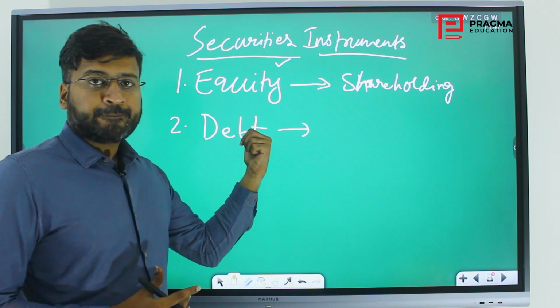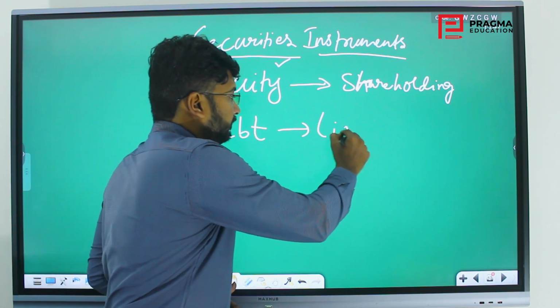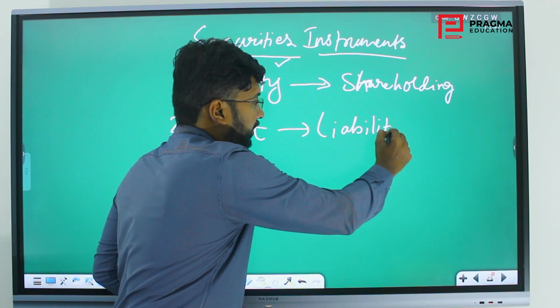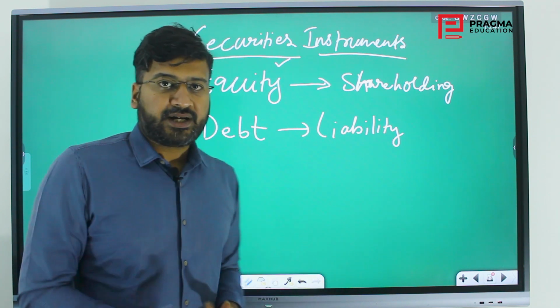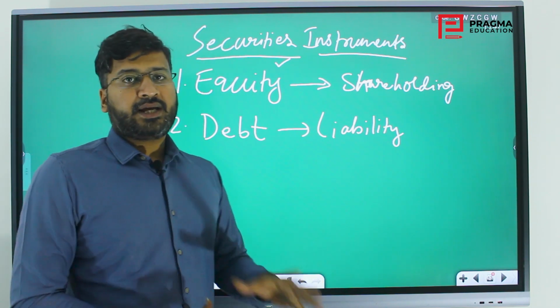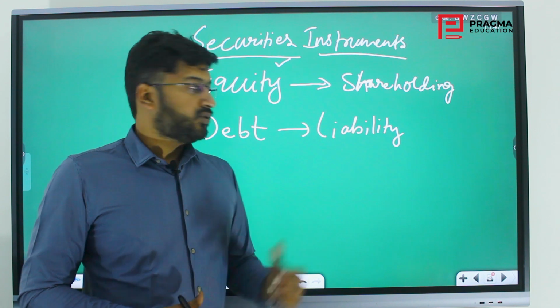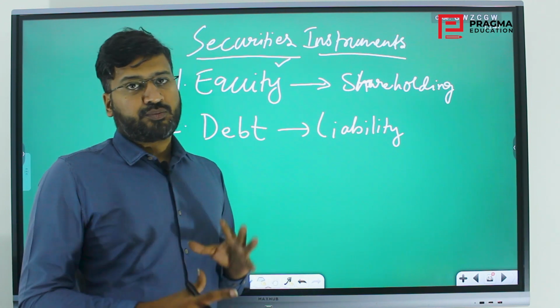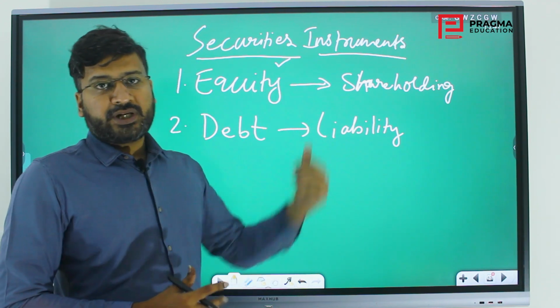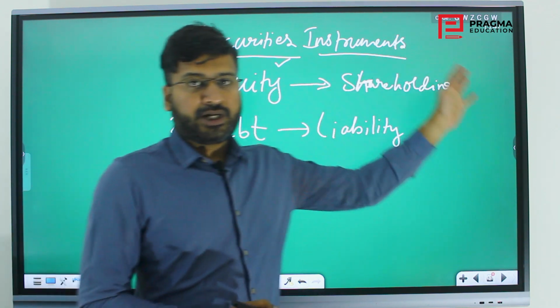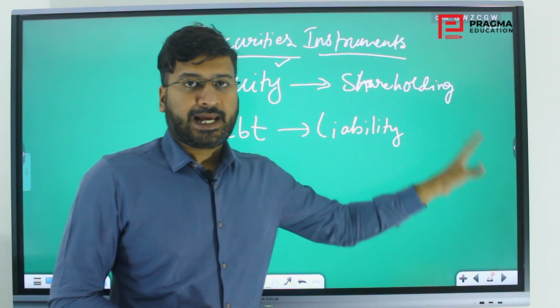But debt is a liability in the balance sheet of the company. That is why when the company is liquidated, the debt holders will eventually get their money. So debt is the more technical instrument. Equity is the more common instrument, because shares will be sold to 5 lakh people, 10 lakh people.